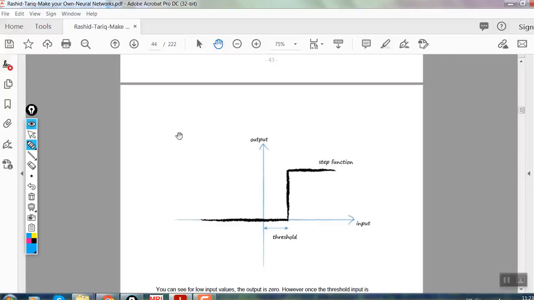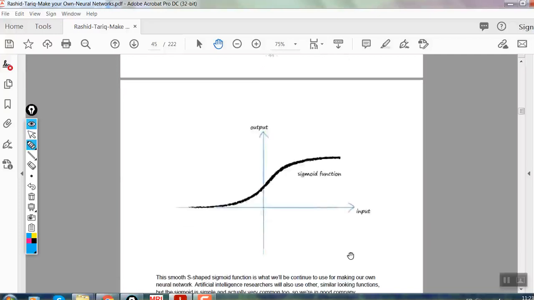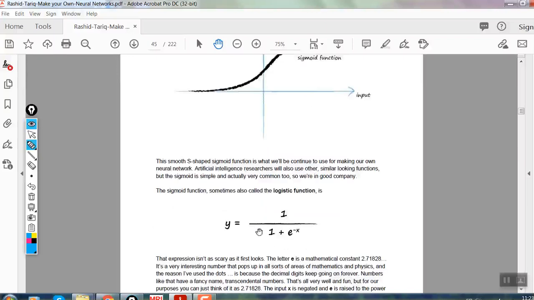In neural networks, we call this function an activation function, and we have many activation functions. For example, another famous one is the sigmoid function. The sigmoid function is a kind of activation function with this equation.